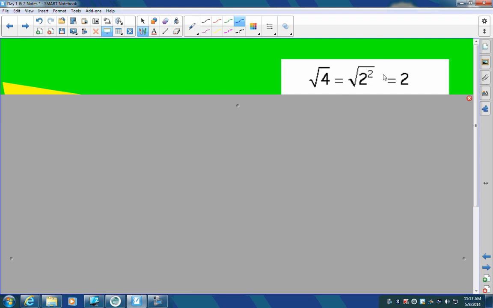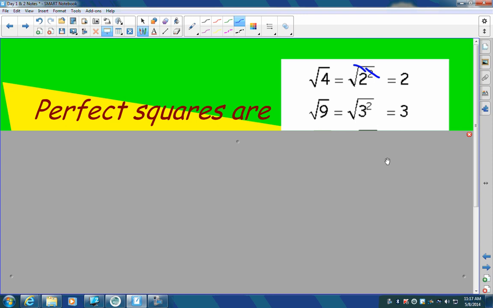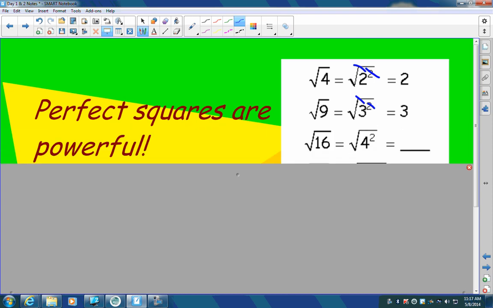Now, the square root and the squared are opposites. So the squared takes away the square root, and that's how I have 2. When I look at 9, I can rewrite it as 3 squared. So the squared can take away the square root, and I have 3. Looking here at 16, you would have the square root of 4 squared. The squared gets rid of the square root, so you have 4.